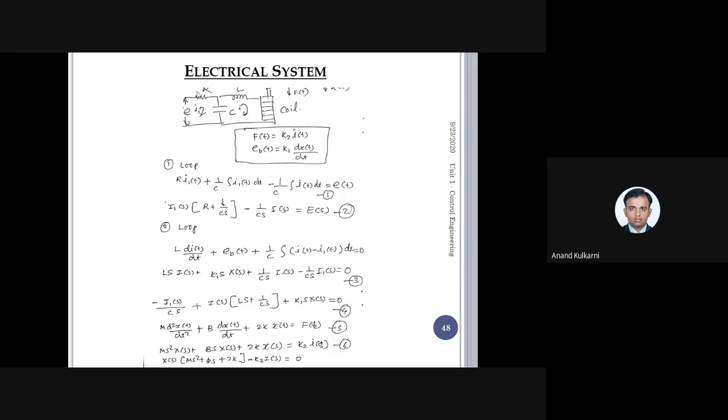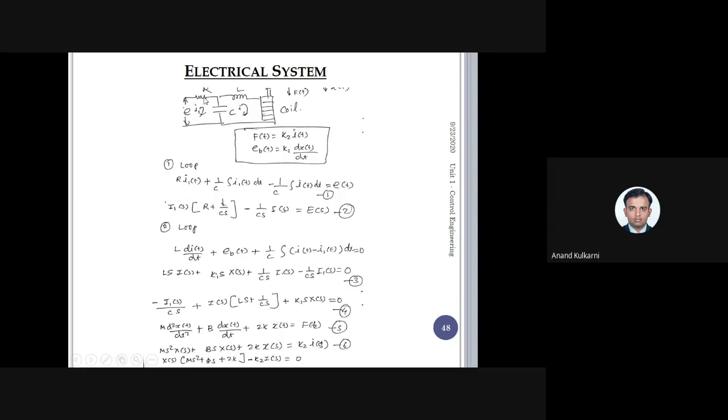So I will write down the equation, that is, voltage drop in a closed loop is equal to 0. The voltage drop here takes place across one resistance R and one capacitance C, and the supply voltage is E. So indirectly the supply voltage is the voltage drop across resistance plus voltage drop across capacitance. I1 is the current flowing in this loop.